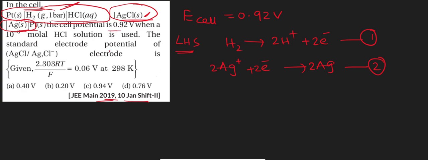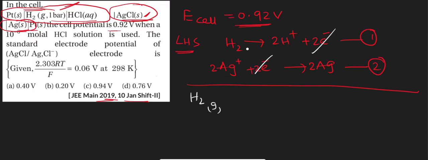Now, for the overall cell potential they have indicated 0.92 volts. That means the overall cell reaction involves H2 gas. You may also indicate the physical states of those chemical species.